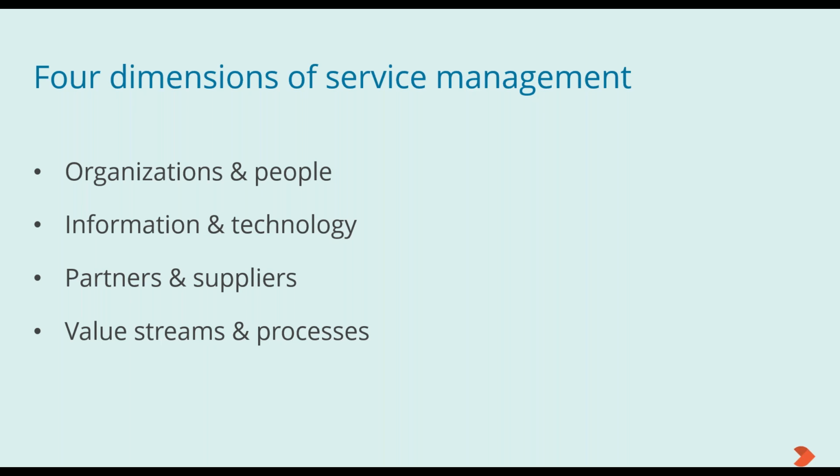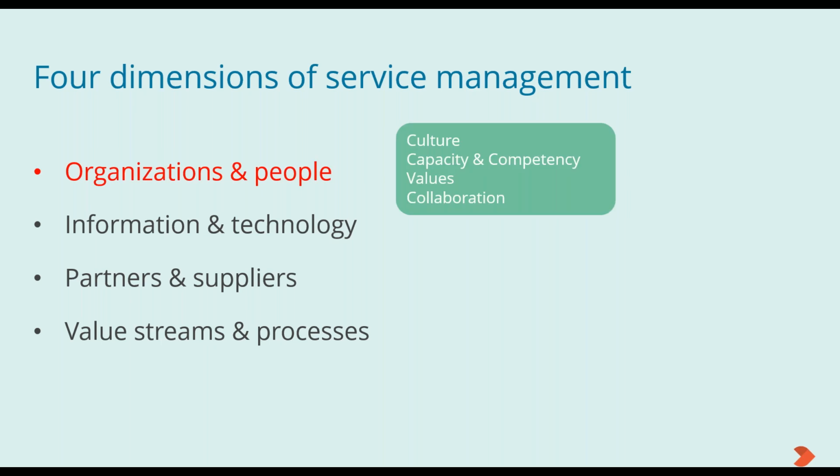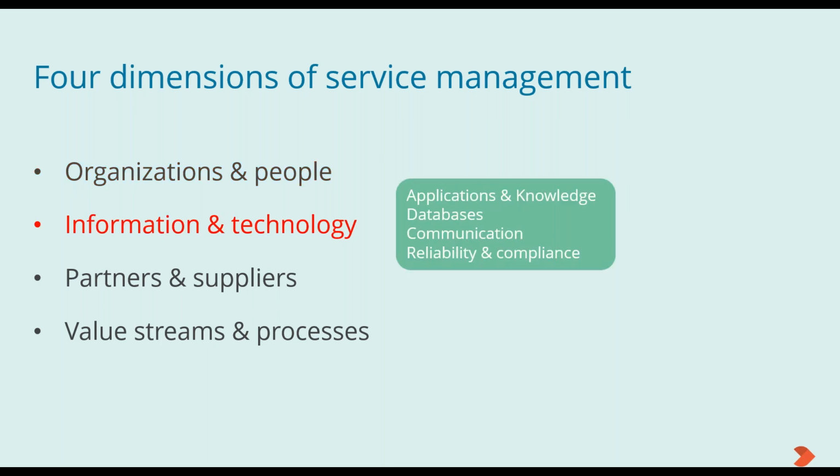So first one, organizations and people. It's something about the culture of an organization or the competency of the workforce. Secondly, information and technology, which says something about the information being managed by the services you deliver, or information needed to deliver and support the services, and tooling helping you achieve that.